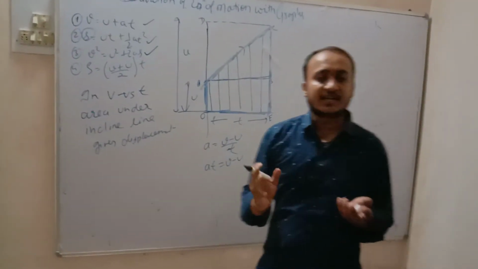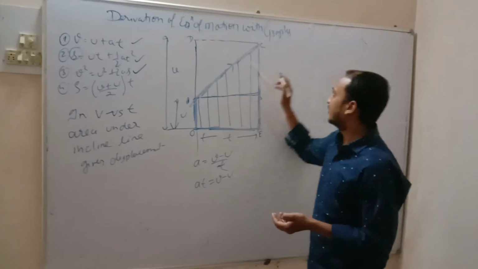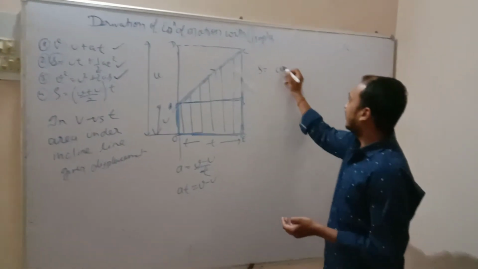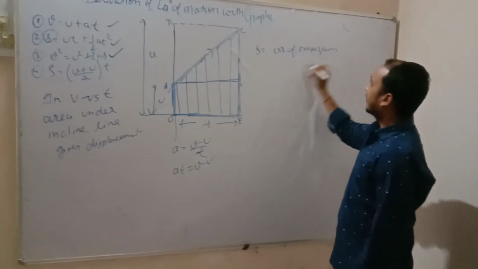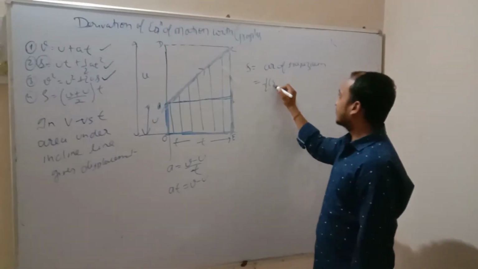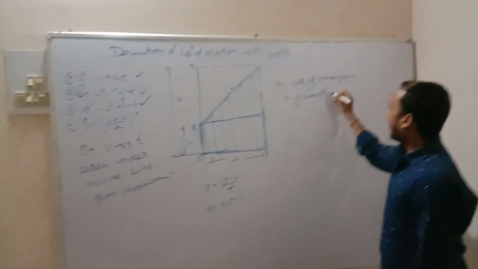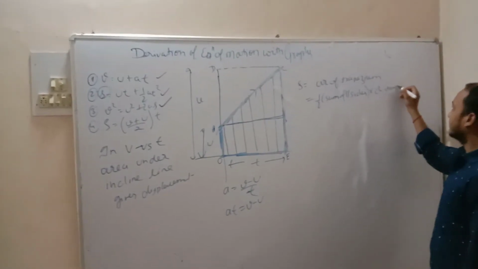So either we can write area of triangle plus rectangle, or area of trapezium. So displacement is the area of the trapezium. And area of trapezium is half into sum of parallel sides into distance between them.